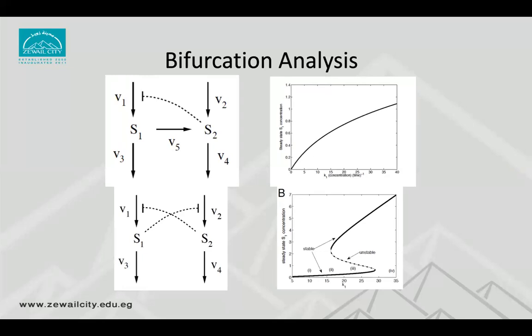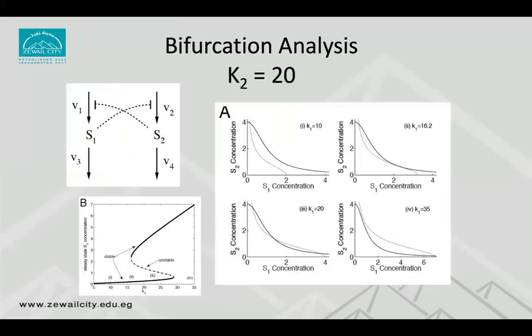This is where we have a fixed concentration of K2, and then we vary K1. So for very low values of K1, we just get one stable steady state. And notice that is a state in which the concentration of S1 is very low.